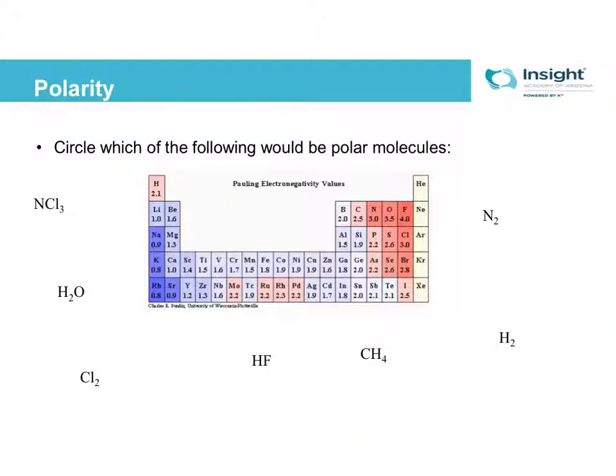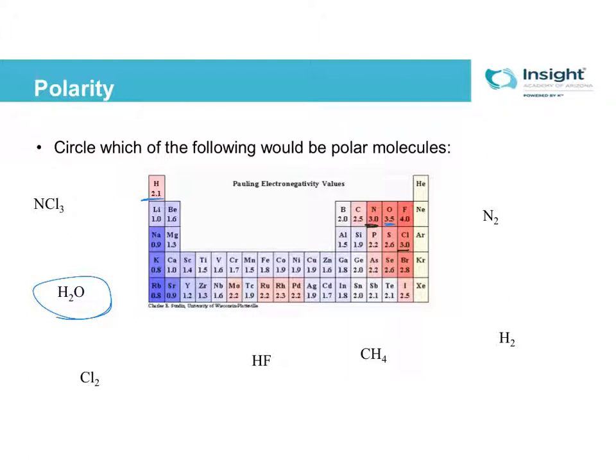So, molecules will be polar if there is a difference in their electronegativity. If you look at hydrogen and oxygen, definitely that's going to be polar. There's a difference in electronegativity there. But looking at nitrogen and chlorine, those two are equal in electronegativity, so that actually wouldn't be polar.